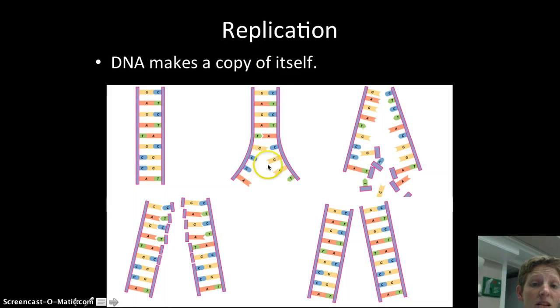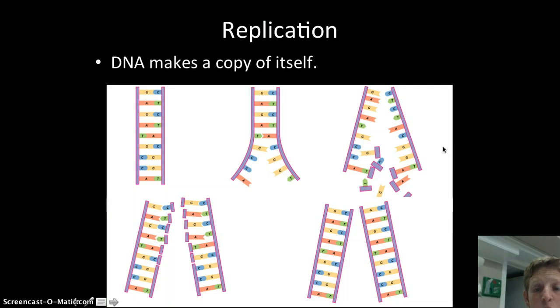And it really looks like a zipper unzipping, but basically what that means is the pairs of bases split or break. So the A becomes separated from the T, the C becomes separated from the G, and on and on, so that each side of this ladder structure is separate.